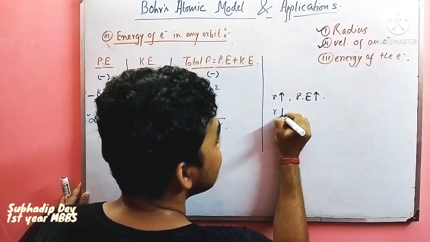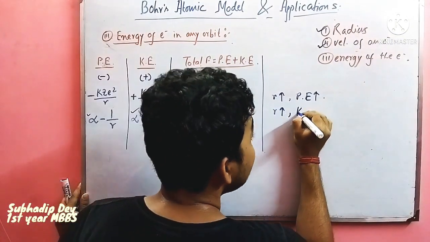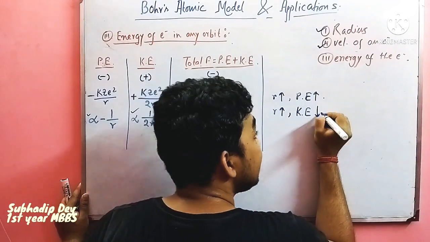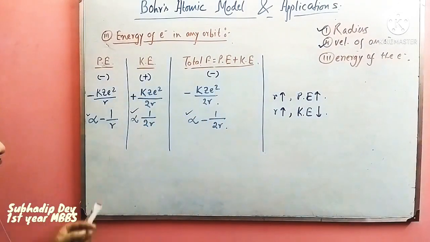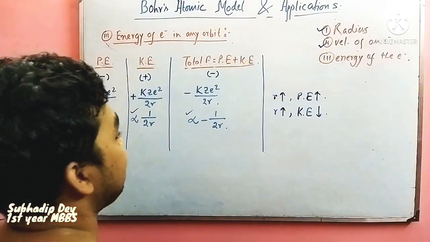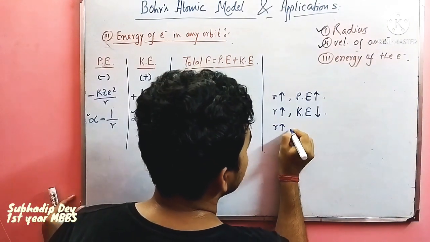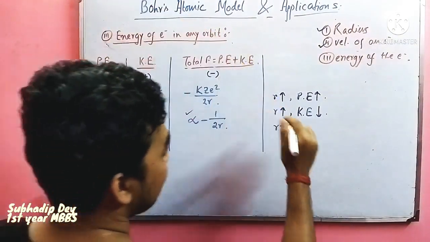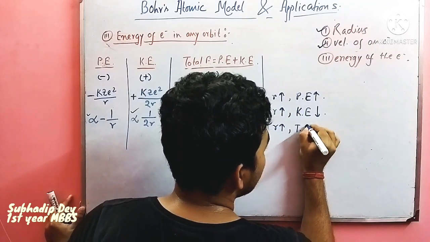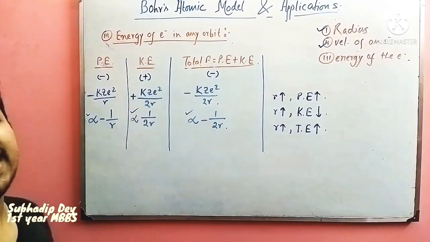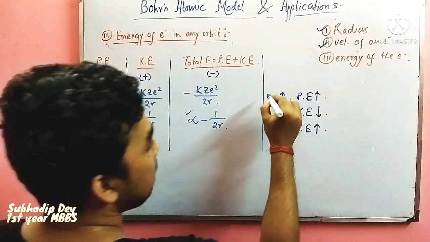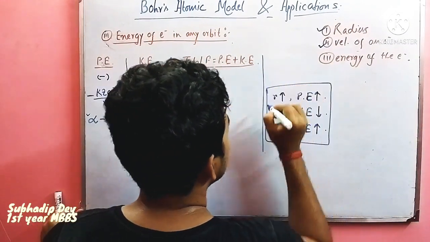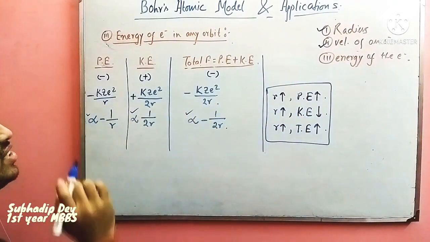And again if the radius increases, the kinetic energy decreases because here the positive sign is present, and if radius increases, the total energy of the electron also increases because of this negative sign. So please remember these three relations along with these three.